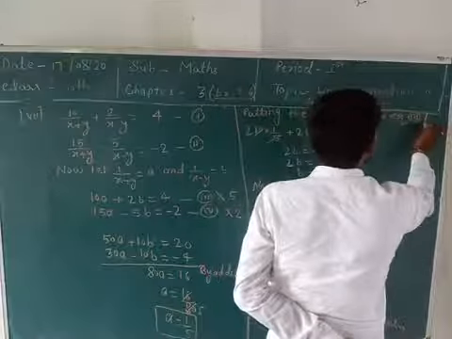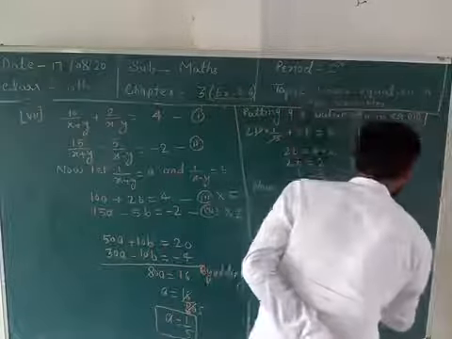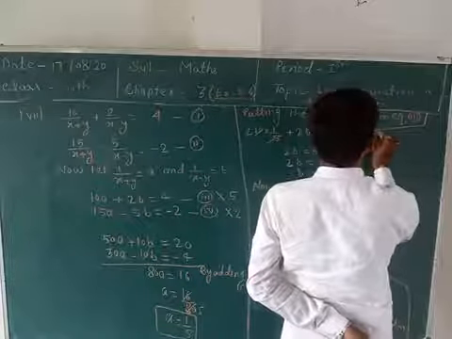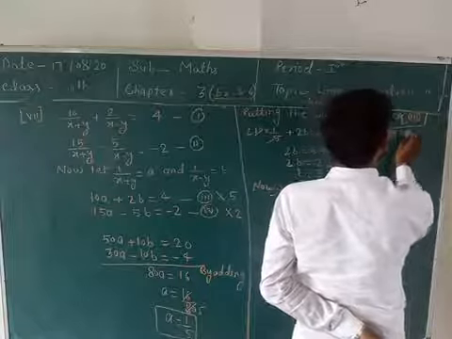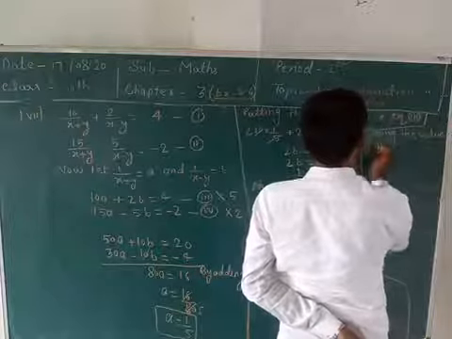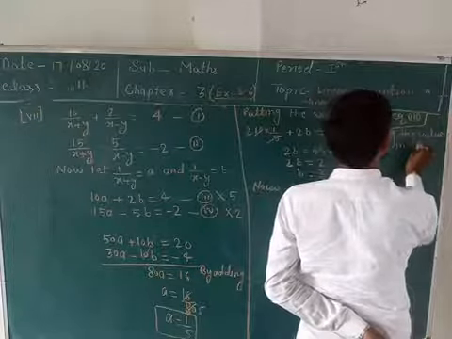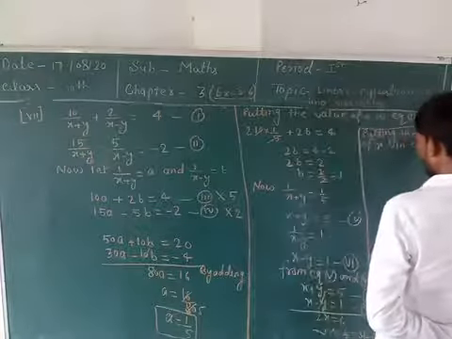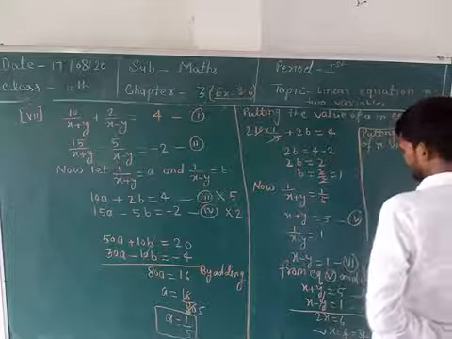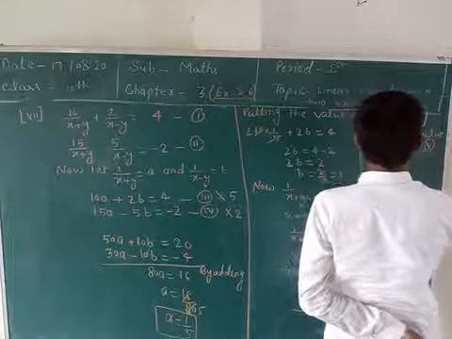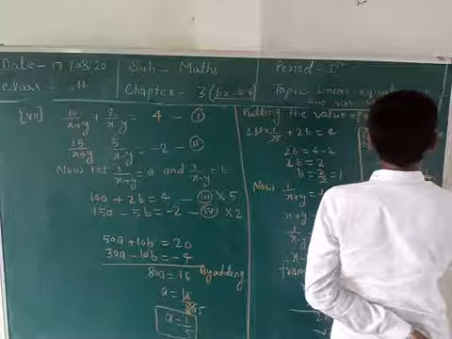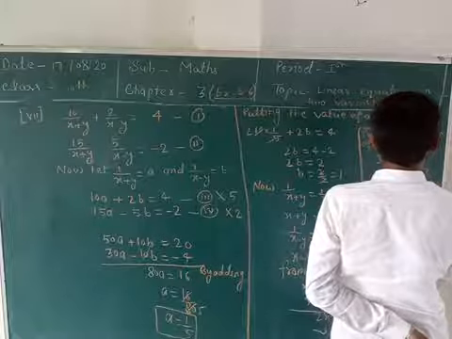Now putting the value of x in equation 5, then 3 plus y equal to 5, then y equal to 5 minus 3, then y equal to 2.